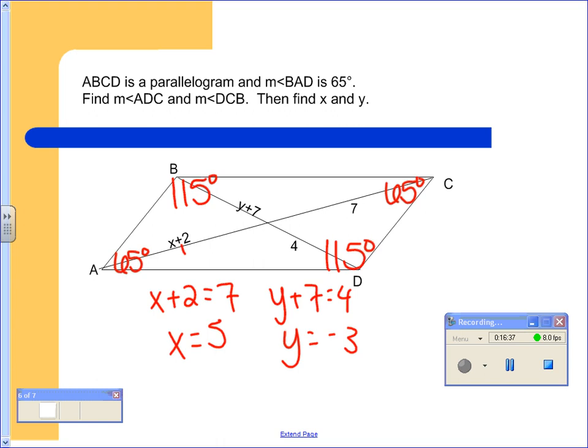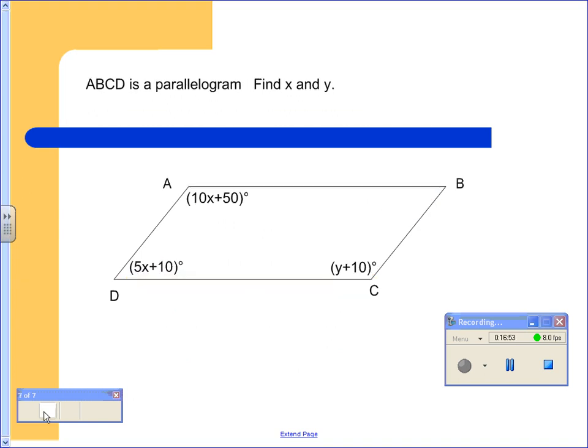Whatever this segment is, that has to be the same thing. And then whatever this segment is, this one has to be the same thing. Y'all see how that works? All right, see if you can find the value of x and y.